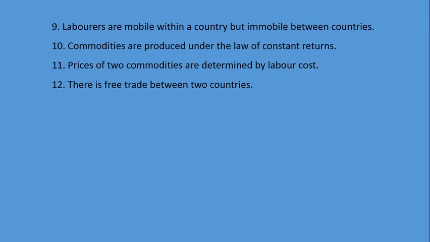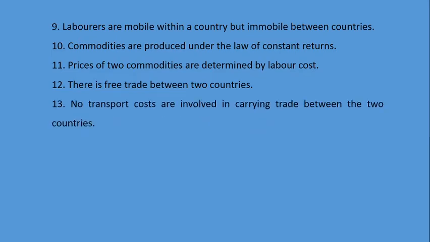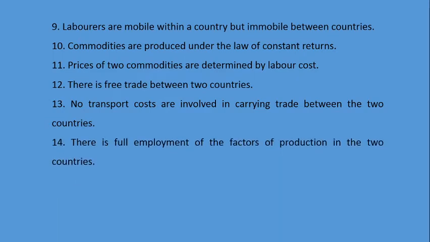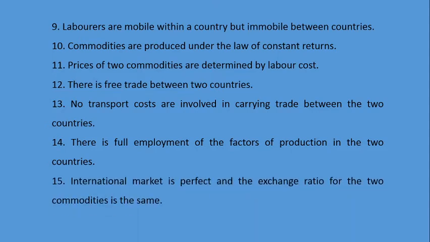Next, there is free trade between the two countries. Next, no transport costs are involved in carrying trade between the two countries. Next, there is full employment of the factors of production in the countries. The international market is perfect and the exchange ratio for the two commodities is the same.